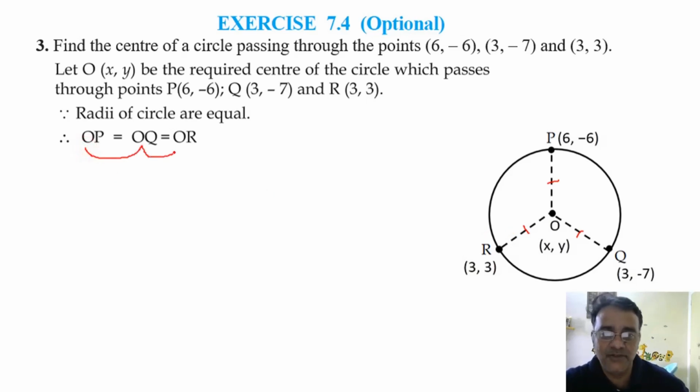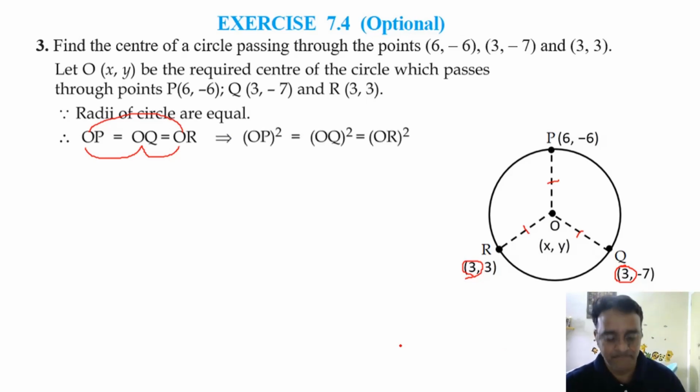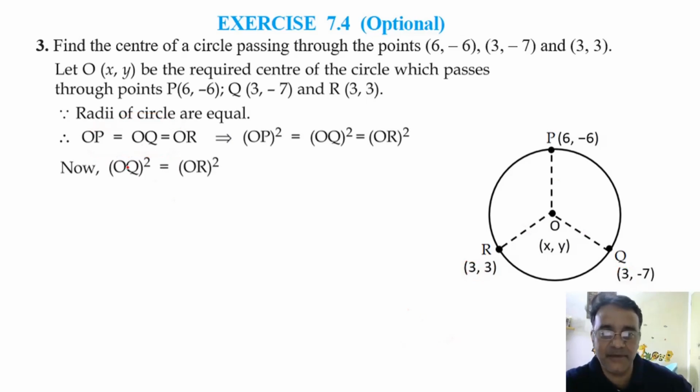But for the first relation we have to check whether any coordinate is the same. Which coordinate is the same here? Look, the x coordinate of R and Q are the same. So that means we are going to take OR and OQ first. Okay, you understood why I took OQ and OR first.